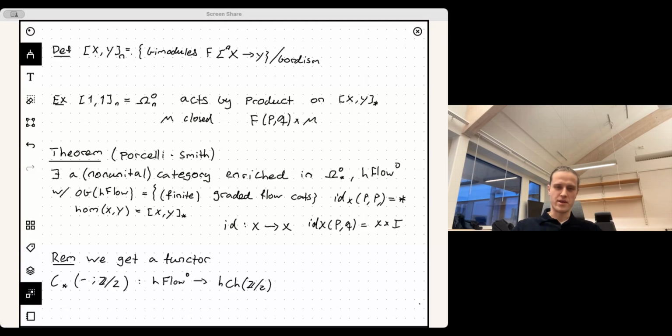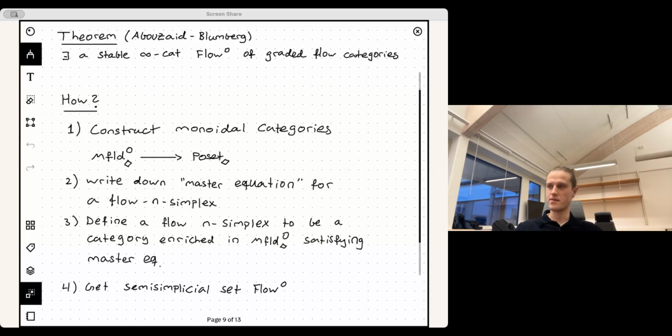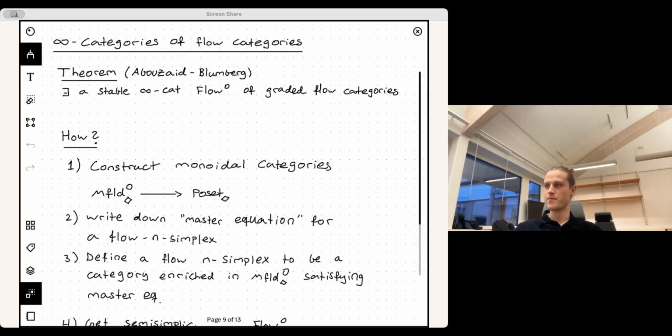Because this looks a lot like chain complexes, and we have these graded modules as our hom sets, you can start to speculate: is there an infinity category which has this as its underlying homotopy category? And if so, then it wouldn't be too much to ask that it be a stable infinity category. And that is indeed what we get.